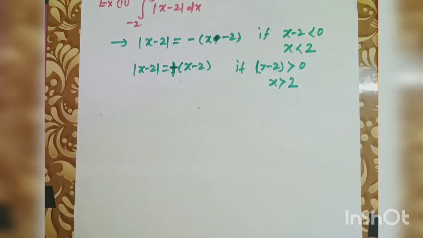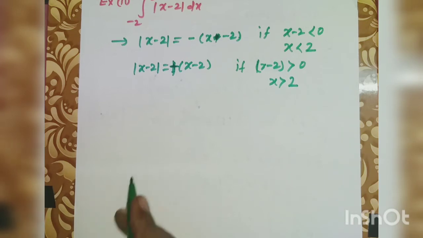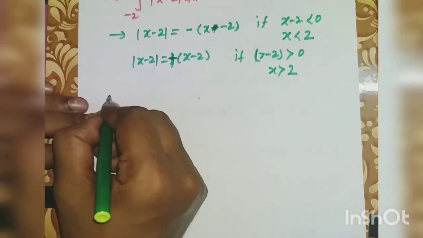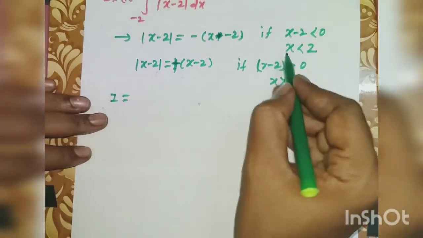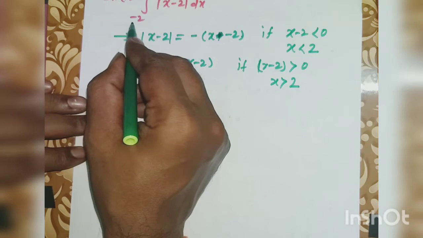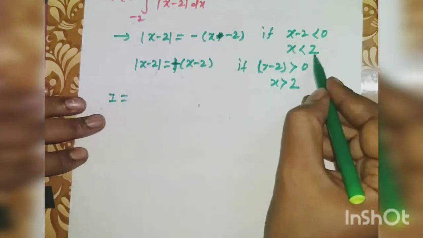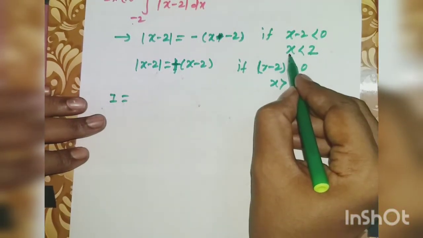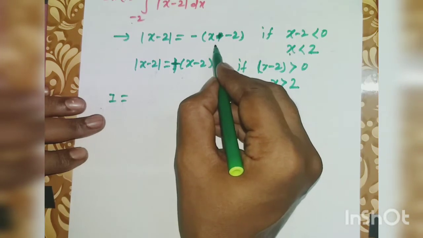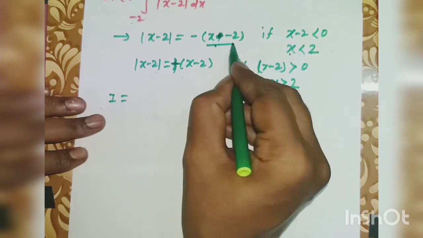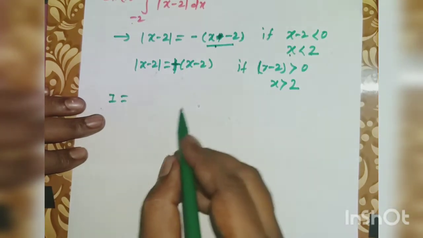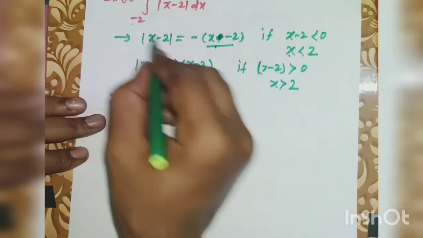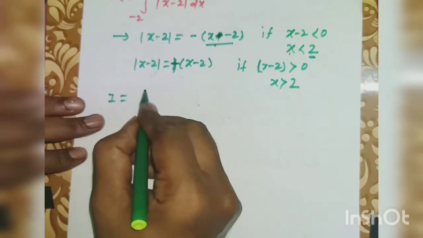That means we split the integration. I is equal to, here the limit starts from minus 2 to 3, but if x is less than 2, then its value is negative, otherwise its value is positive. That means if we take its value is negative, it lies between minus 2 to plus 2.